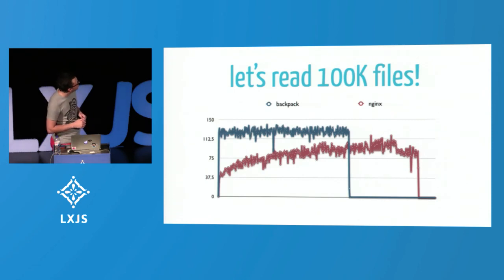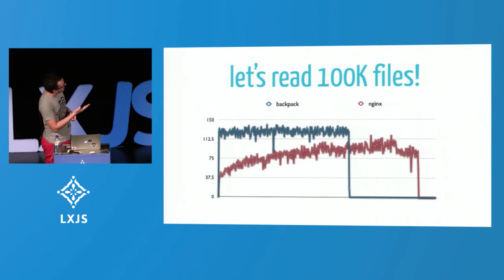And this is a comparison with Nginx. We saved 2 million files on disk, each 10 to 50 kilobytes, and read 10,000 files. Here you may see blue is Backpack and red is Nginx.